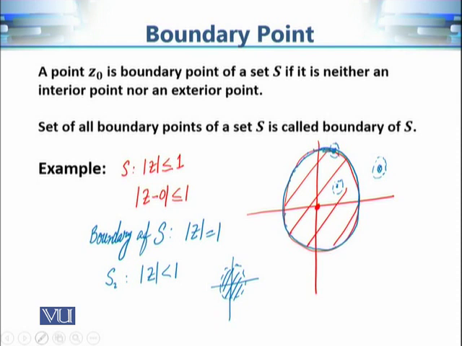But what is the boundary of this set S2? Once again, this point is not at the boundary. Similarly, this point is not at the boundary, but the boundary is once again the circle of radius 1. So in this case, the boundary is the same circle of radius 1.